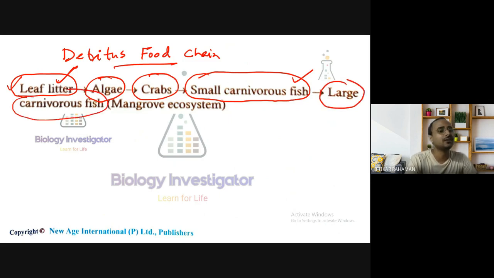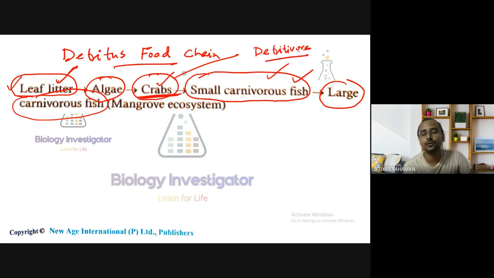So large carnivorous fishes can feed on these small carnivorous fishes who feed on these crabs, and these crabs are detritivores. I have already told you what is detritivore.